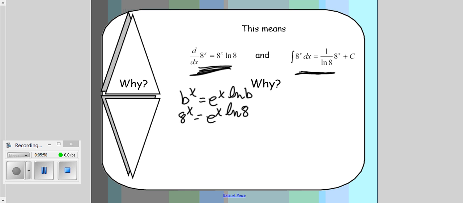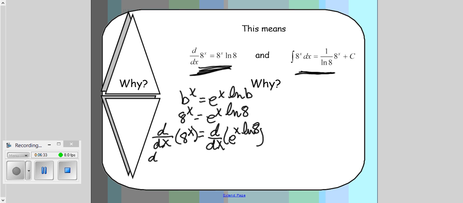But now let's take our derivative. I'm going to take the derivative with respect to x of 8 to the x, and that's going to equal the derivative with respect to x of e to the x natural log 8. Now remember, natural log 8 is just a constant, it's not a variable up there.